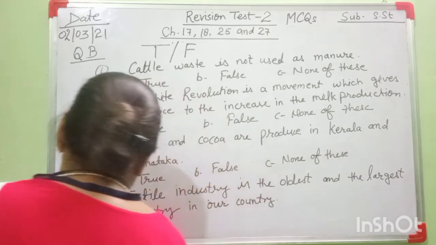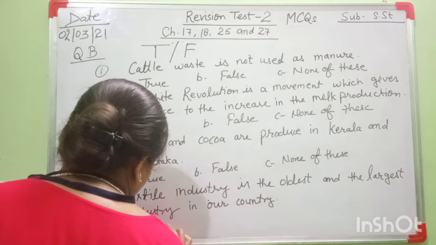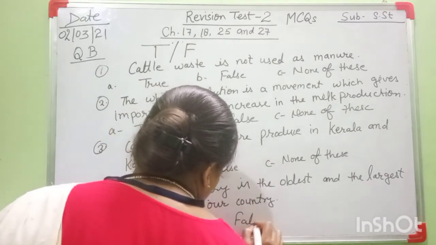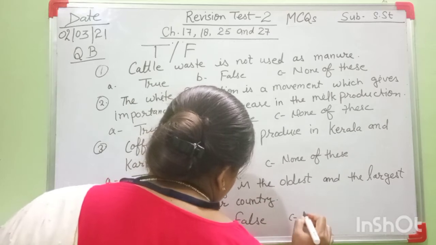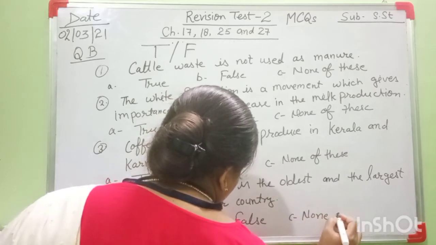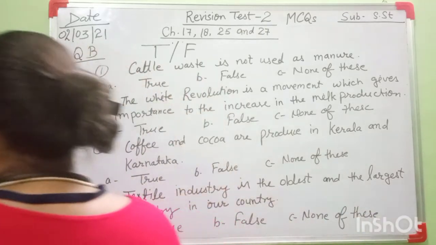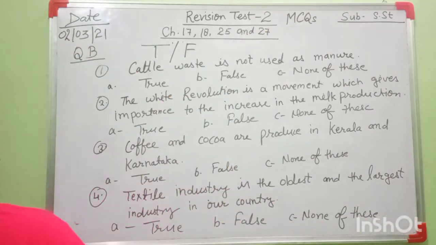A is true, B is false, C is none of these. Okay beta, write down the answers to these questions now.